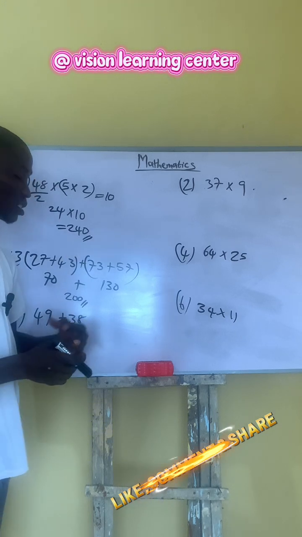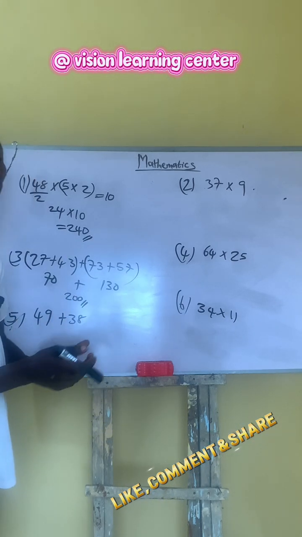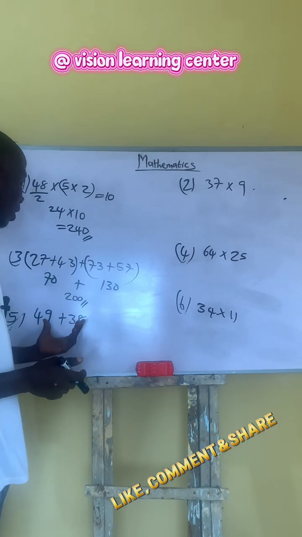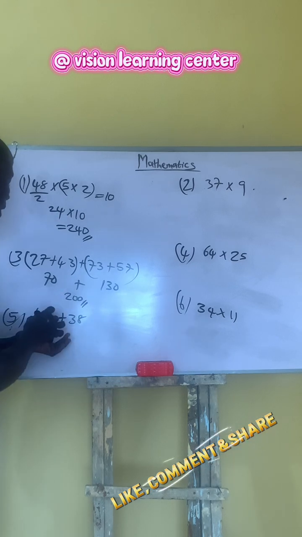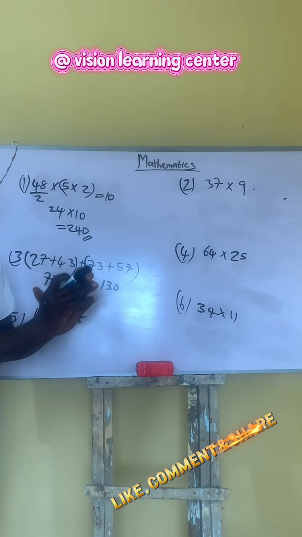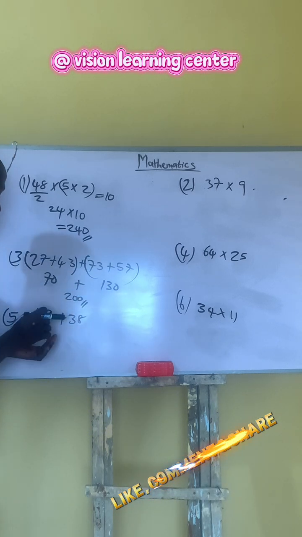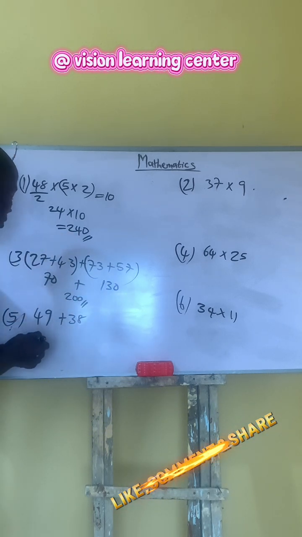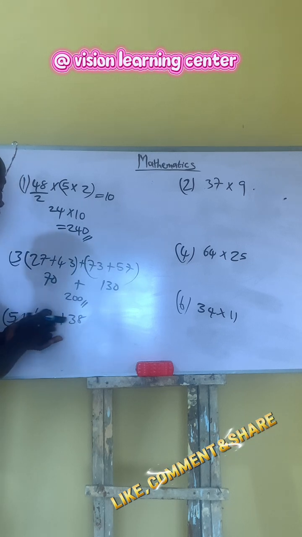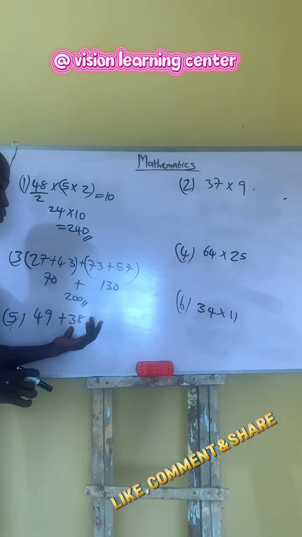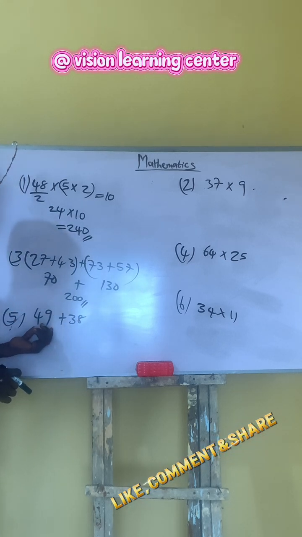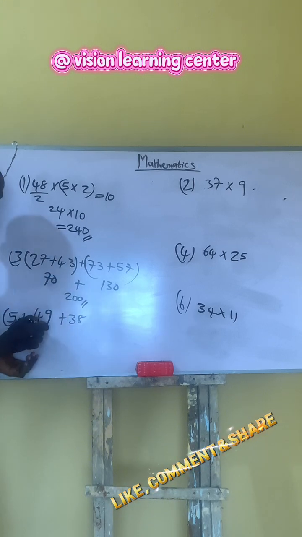Okay, let's solve the next one, which is 49 plus 38. For us to solve this problem, we need to round up one of these numbers to a round number. You can do it either way, with this number or with this number, but let's go with this number.